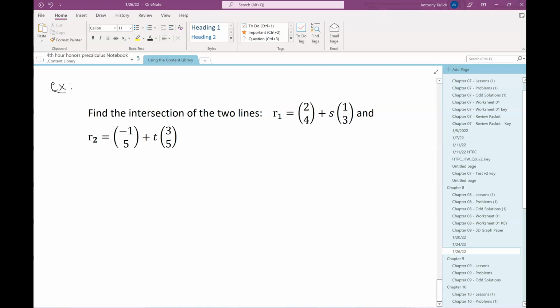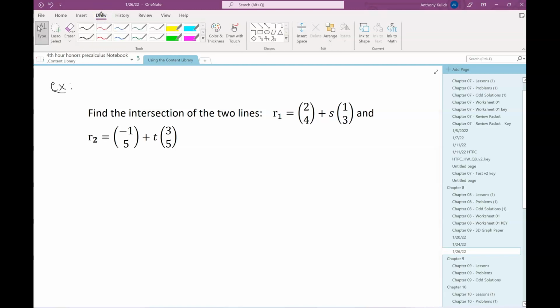Okay. So a lot of the same intuition that we used when we solved a system is going to be the same intuition at play in here. So if I want the intersection of these two lines, I need a point vector that I can generate with R1 and a point vector I can generate with R2.